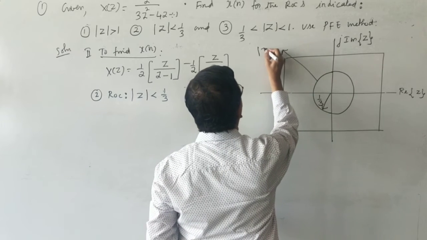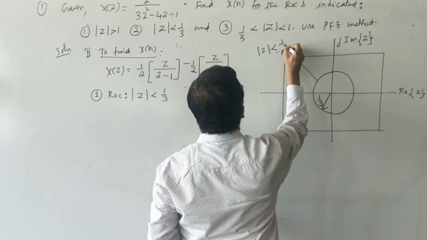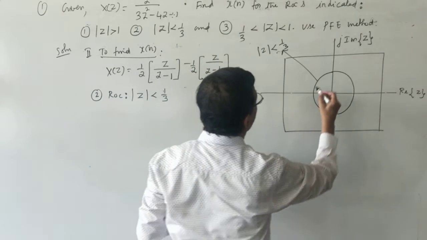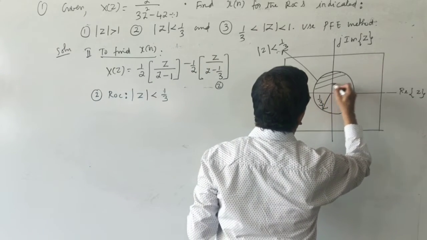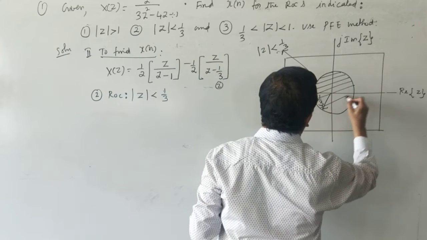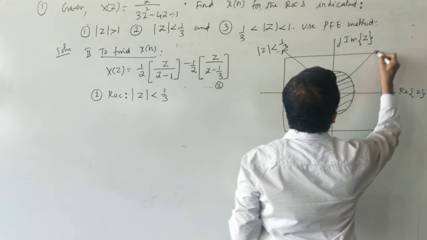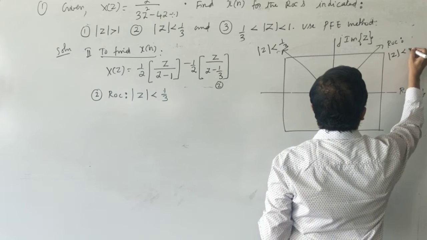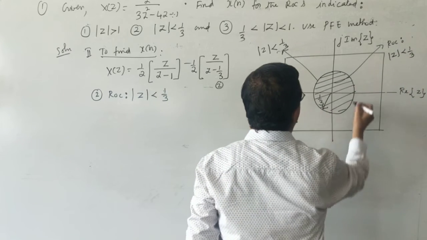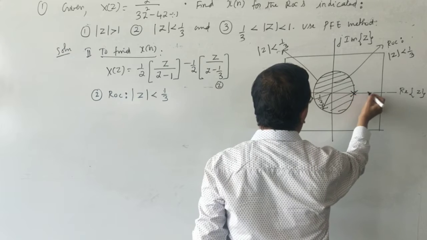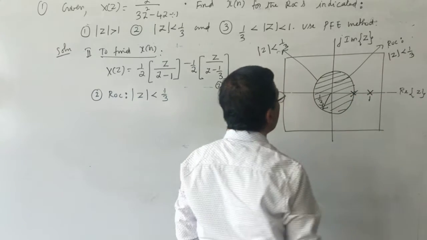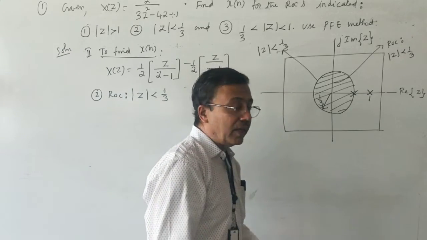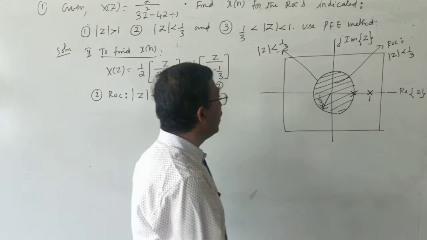ROC is mod Z less than 1 by 3, which means ROC is the interior region of this circle. What I am hatching is the ROC. These are the two poles, one is at 1 by 3, the other pole is at 1. Now you see both the poles are exterior to the ROC and hence they will give negative time sequence terms.